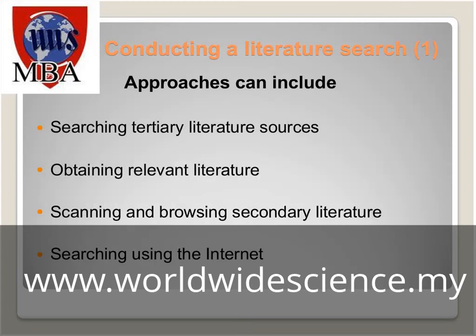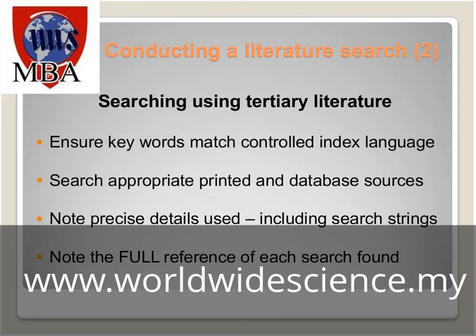Approaches can include searching tertiary literature sources, obtaining relevant literature, scanning and browsing secondary literature, and searching using the internet. They are very clear. Searching using tertiary literature: ensure keywords match the controlled index language. Search appropriate printed and database sources. Note precise details used, including search strings.